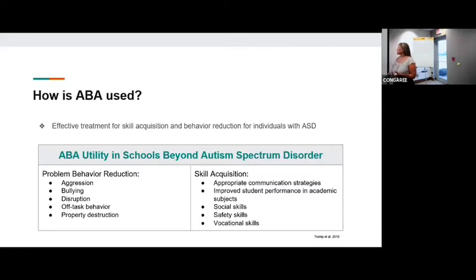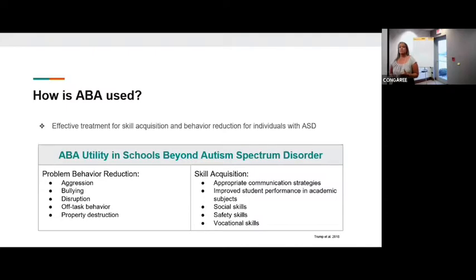We can also improve student performance in academic subjects, social skills, safety skills, and vocational skills. So as you can see, there's a really wide range, which also means that there's a lot of opportunities for collaboration. While we really want to work on maybe communication strategies with people, we know that we're not the experts in communication.